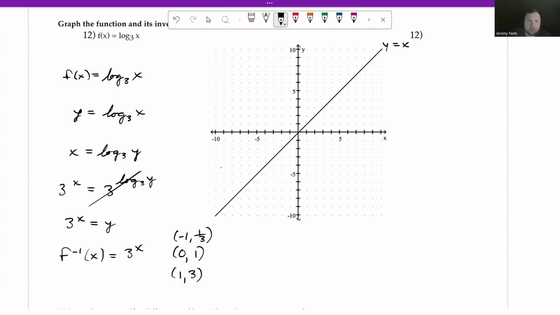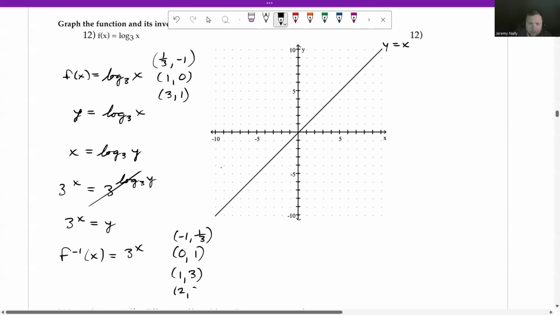For the logarithmic function, you have 1/3, -1, 1, 0, and then 3, 1. And if we have it on there, and I see we do, we can go ahead and include 2, 9 and 9, 2, since we seem to have some space on there.